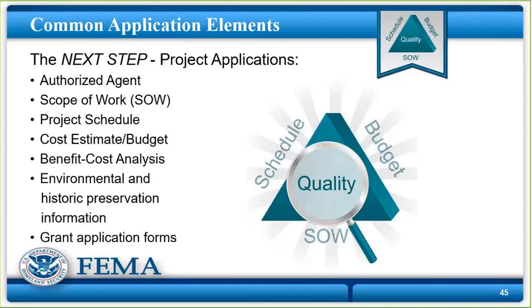They may have us work with other folks that will be implementing the project, but that authorized agent is the person who is empowered to apply for the grant, who is empowered to accept the grant on behalf of the tribe.